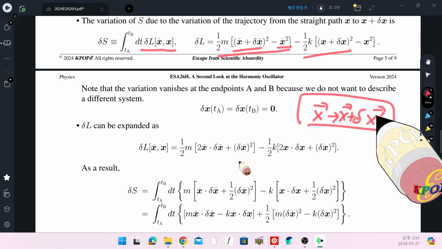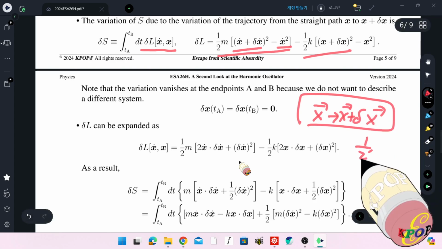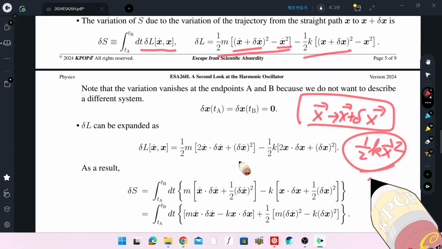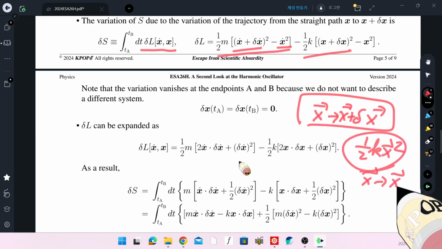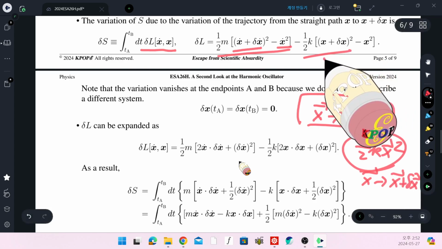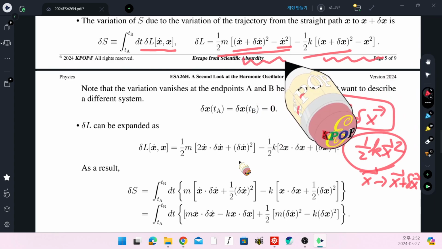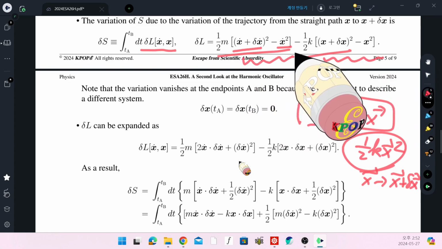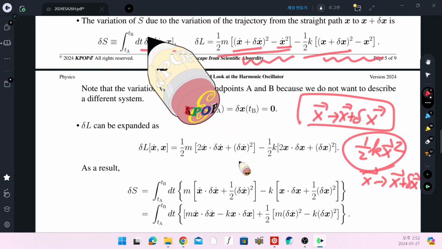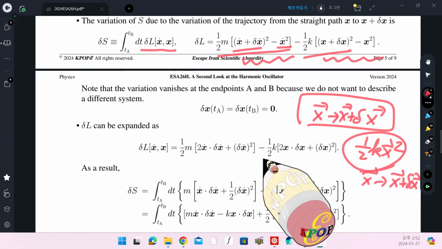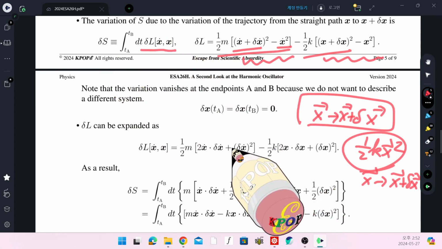Similarly, the potential energy, 1/2 kx squared, can be varied by replacing x with x plus delta x. So this is the variation of the potential energy. This is the variation of the kinetic energy. And then we have to integrate this variation of the integrand during the time interval from TA to TB.